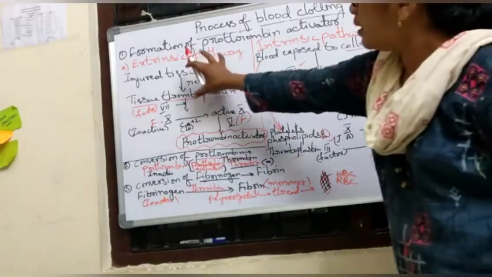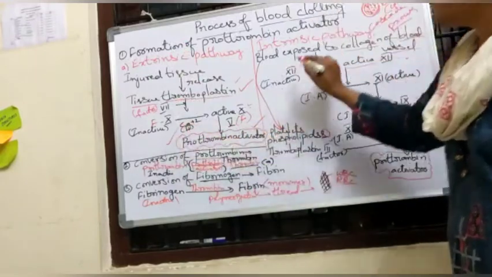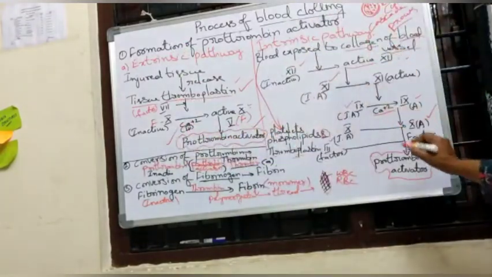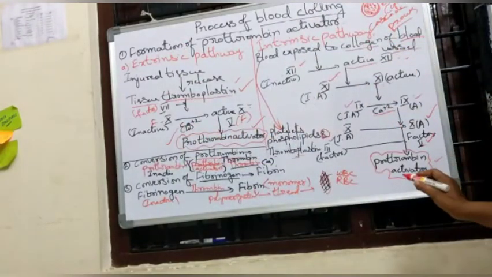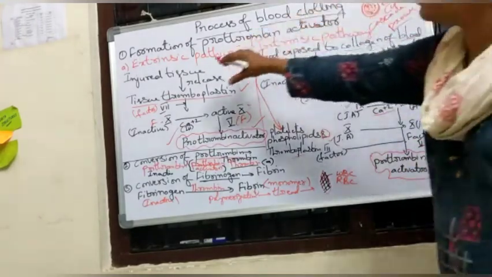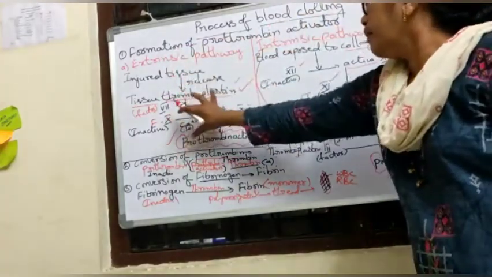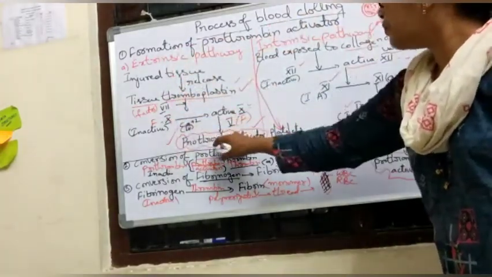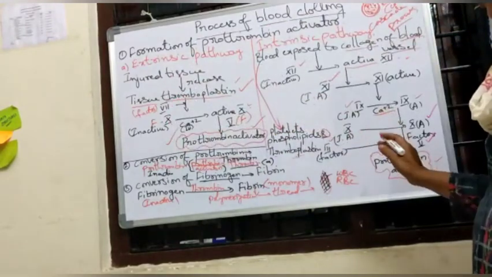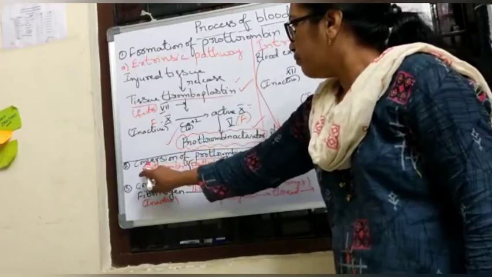So in both the extrinsic and intrinsic pathways, the prothrombin activator is produced. Intrinsic means inside the blood vessels, and extrinsic means in the tissues. In both ways the prothrombin activators are produced. What do these prothrombin activators do?